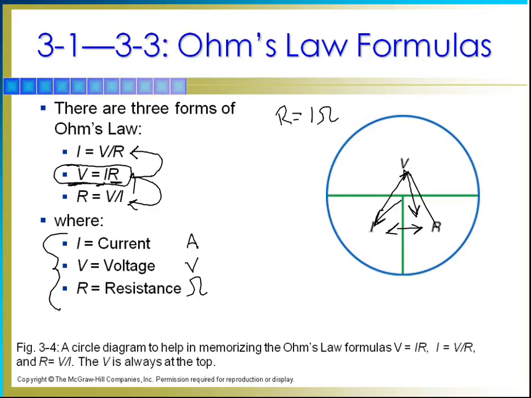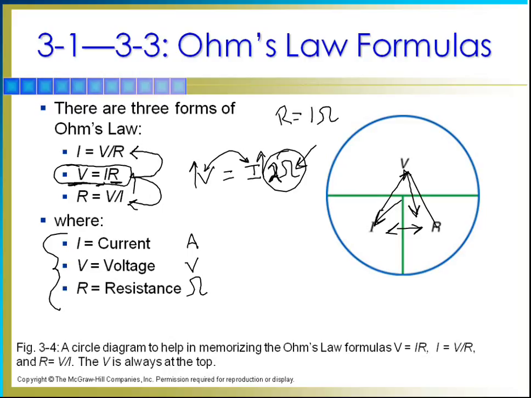We'll even call that 1 ohm. So voltage equals current times 1 ohm. Voltage equals current, which means if voltage goes up, current has to go up the same. Your resistance isn't changing. Now your resistance can scale it, okay?